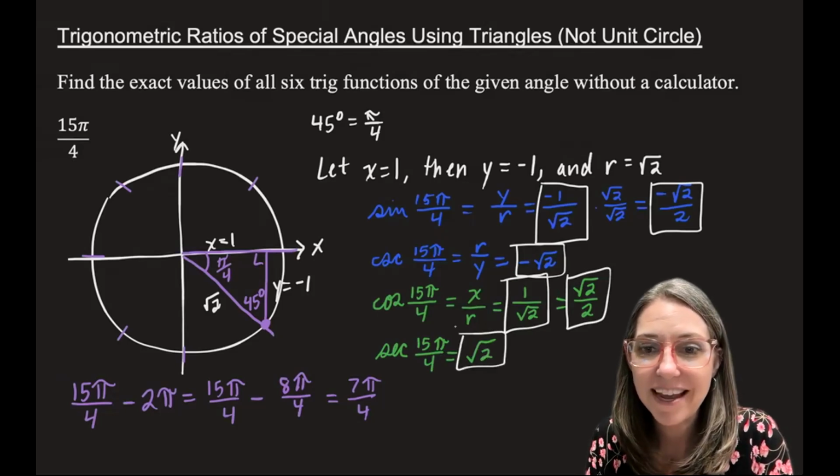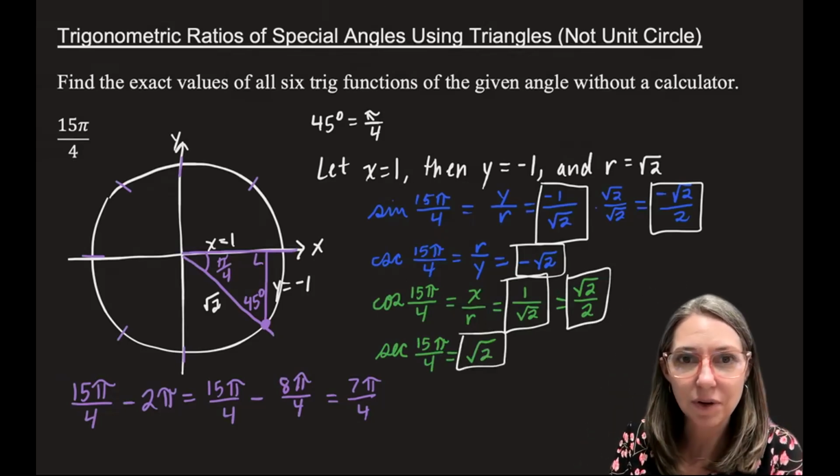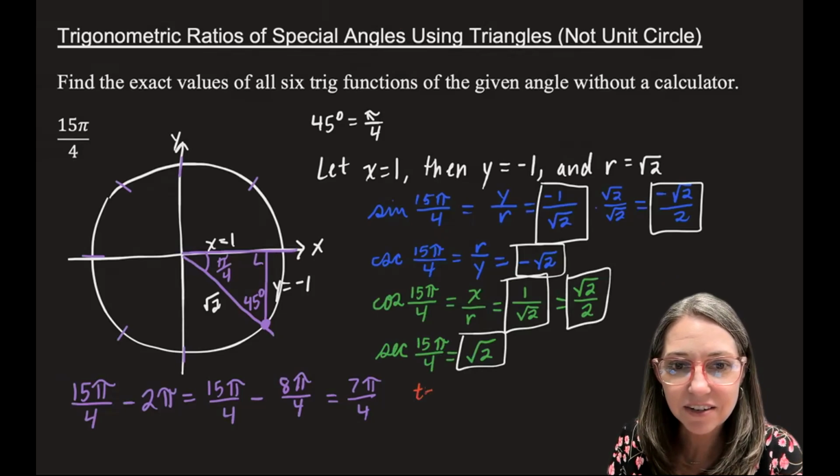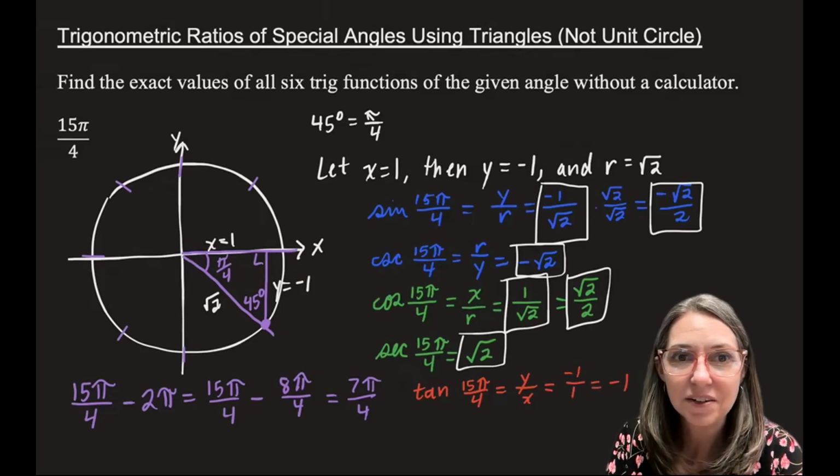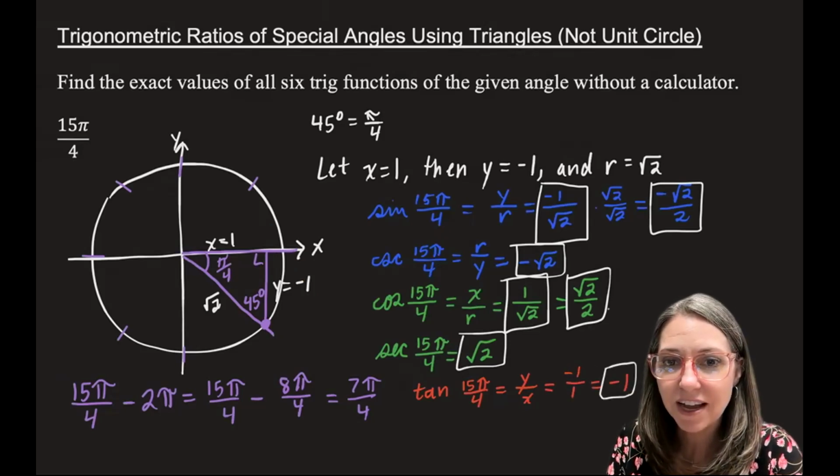And last we have tangent and cotangent. Tangent of 15 pi over 4 is y over x. So the y here is -1 divided by +1. That's -1. So tangent of 15 pi over 4 is -1.